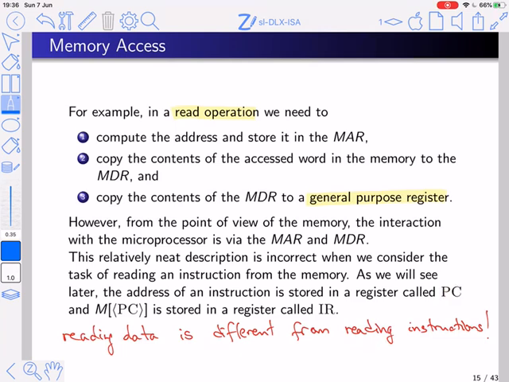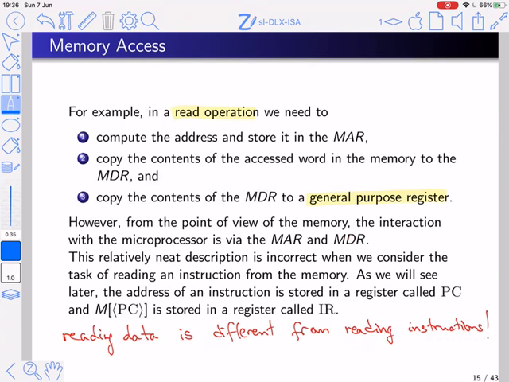And then when you want to read an instruction, you copy the contents of the memory in the index which is represented by the PC, in another special register called the instruction register. So the PC is analogous to the MAR, and the IR is analogous to the MDR.